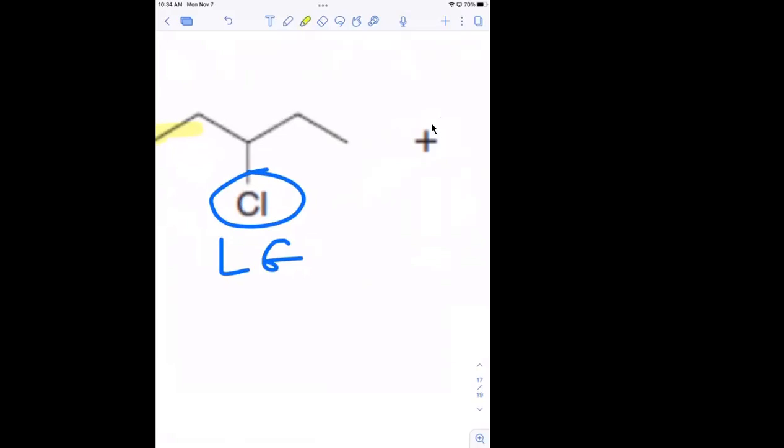So here's the carbon that I'm looking at. How many carbons are attached to it? So it will be secondary, right? So remember we talked about secondary carbons being able to do both, because these are all substitutions, SN2 and SN1 substitution.